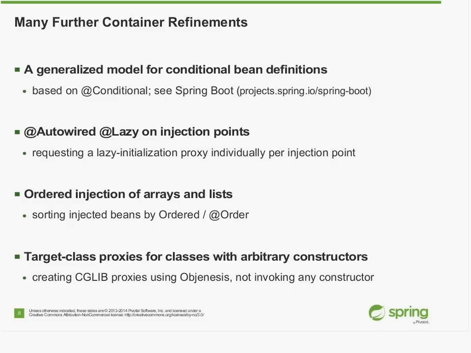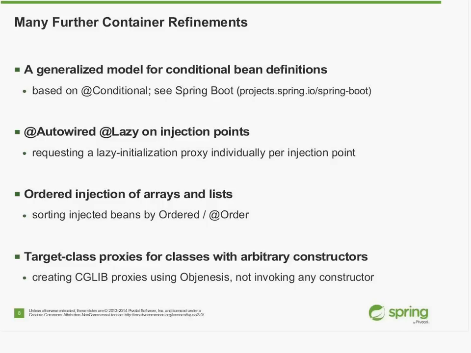On a slightly less cool container note, moving to the AOP framework, we also have a central new feature, and that's the use of the Objenesis library for the creation of CGLIB proxies. Now you may wonder why Objenesis, what's that? It doesn't matter.